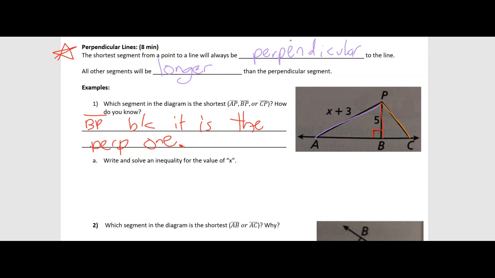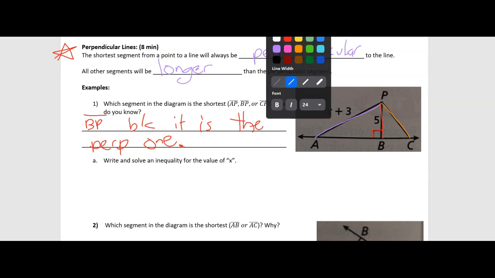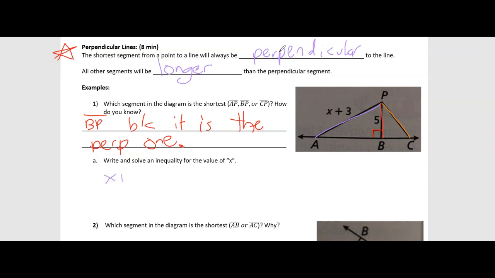Well, now we're asked to write an inequality to solve for the value of x. So if we know that the purple segment has to be longer than the red segment, we could do x plus 3. If it has to be longer, that's going to mean greater than. It can't be equal to, right? Because if it was equal to, that segment would also be perpendicular, and it's not. So it has to just be greater than the length of the red segment, which is 5.